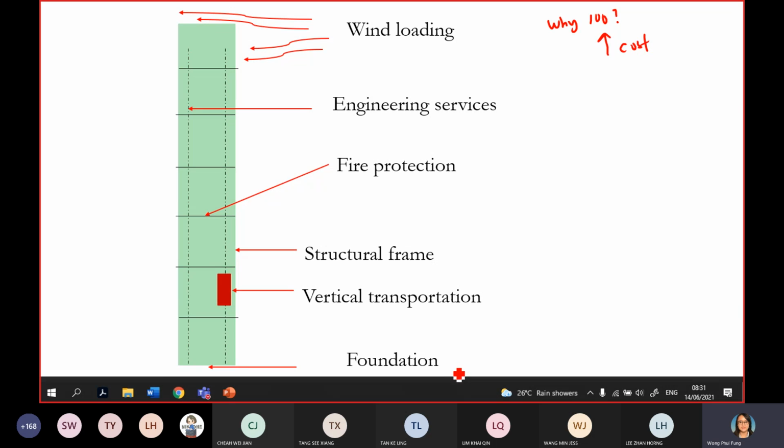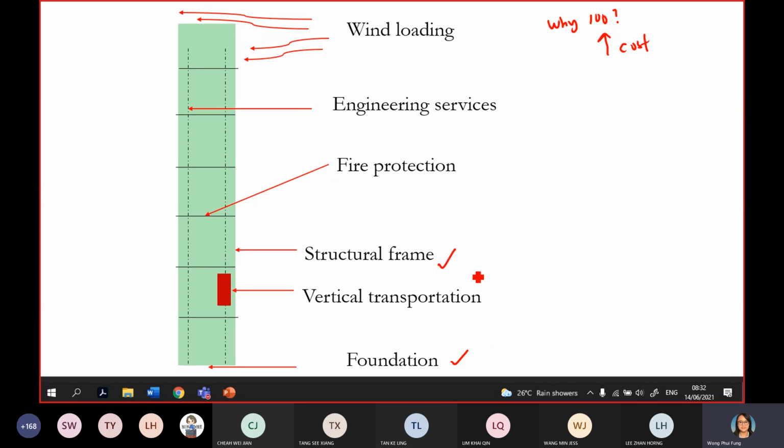The first is your foundation. When you build a higher building, you need a stable, bigger foundation to withstand the additional load, because a tall building normally is very heavy. In that case, the foundation needs to be very stable and big in order to support the load. So that's why the foundation cost will increase when you build higher.